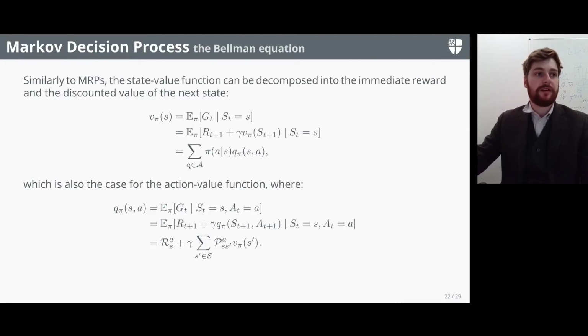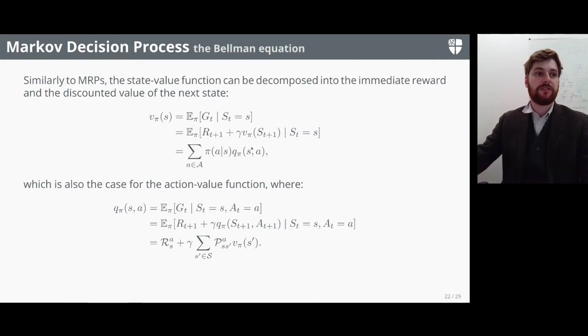We could also take that expectation and turn it into a summation, just by the definition of the expectation. So we're summing over the actions the policy of the action conditional on the state times the Q value, which was the action value function.